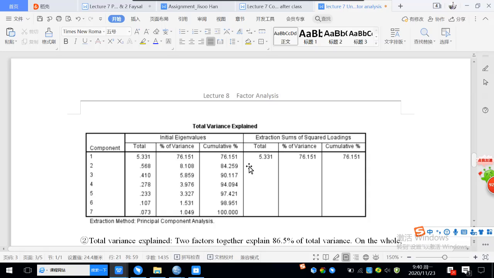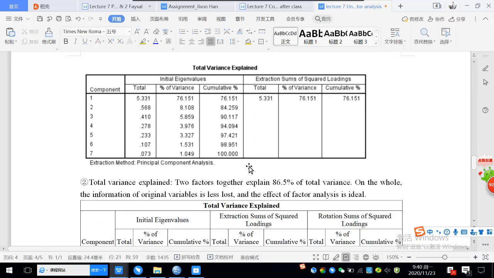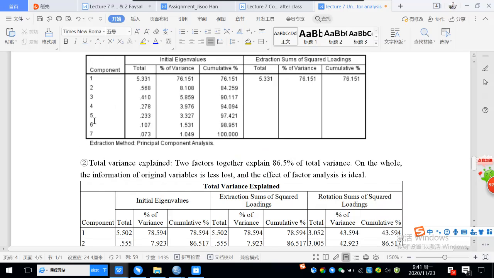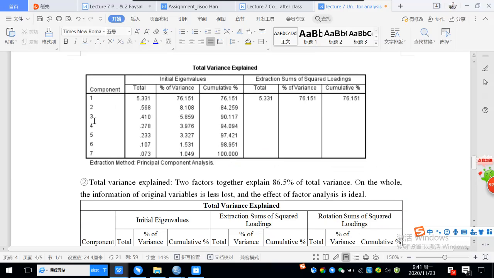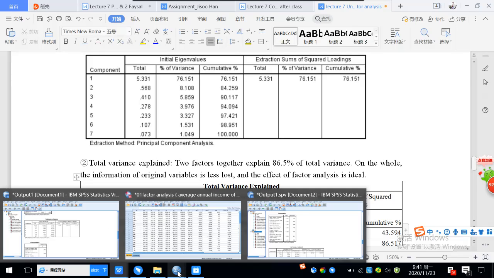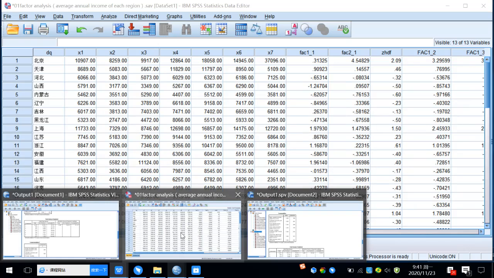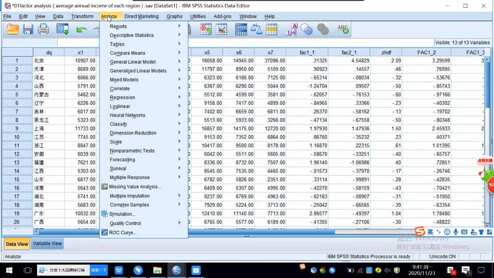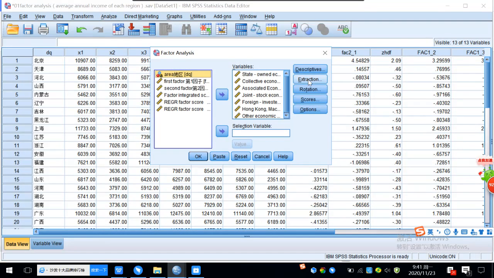Okay, so next we want to change the extraction criteria. Please look at here. Other things we will not change. We just change the extraction here.